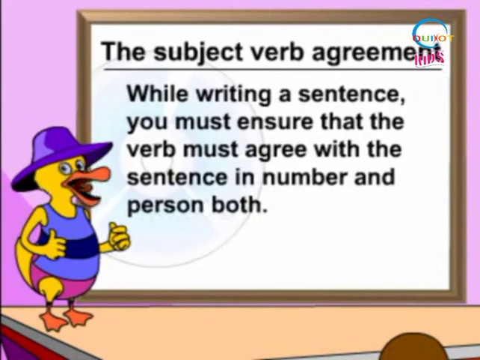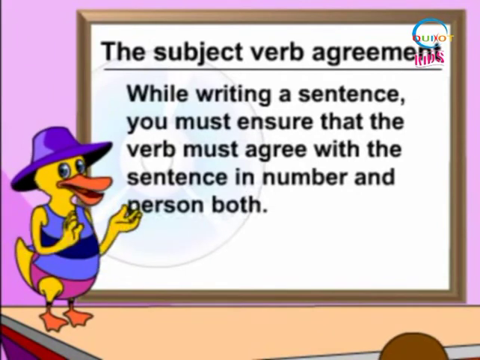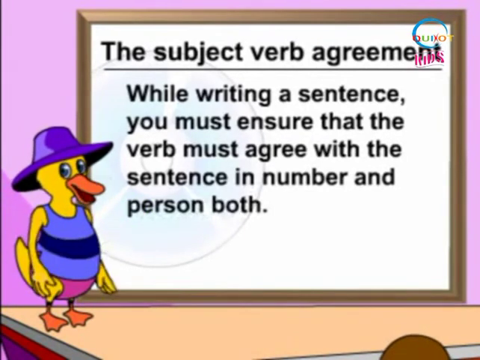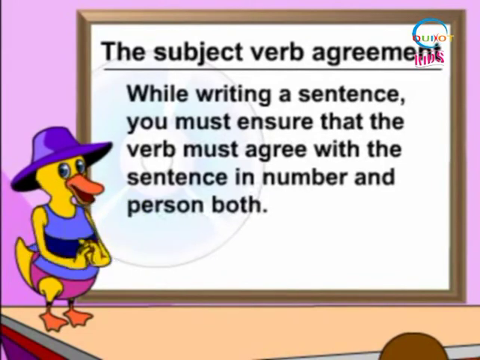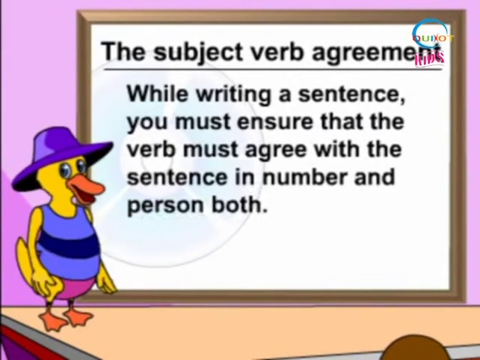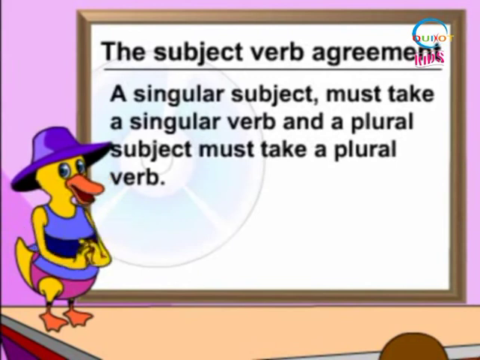While writing a sentence, you must ensure that the verb agrees with the subject in number and person both. A singular subject must take a singular verb, and a plural subject must take a plural verb.